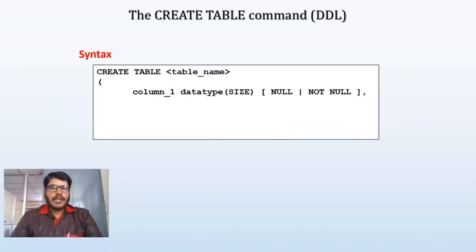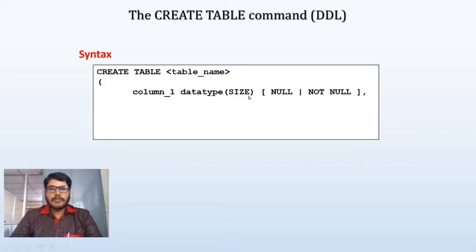Some of the data types accept a size, because SQL has to reserve memory for the data. So that's why, immediately after mentioning the data type, we should use the size. We should reserve the size by mentioning the number of bytes. And how to specify the size here?